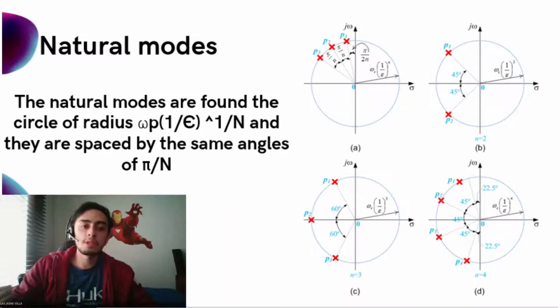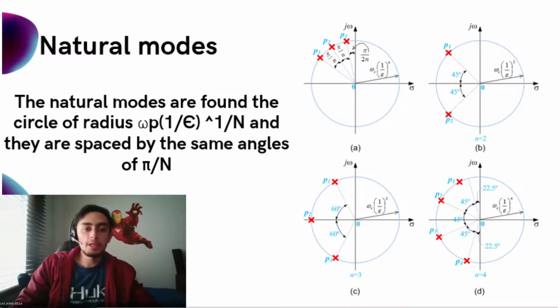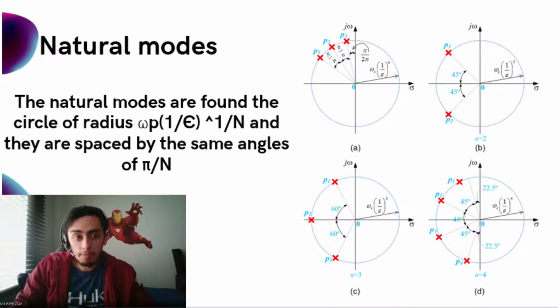Well, I already explained. The natural modes can be found in the next one, in the circle of radius wp times 1 divided by e to the 1 over n, and they are spaced by the same angles, pi over n.